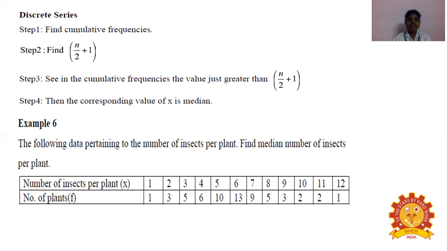Next data is frequency, that is number of plants: 1, 3, 5, 6, 10, 13, 9, 5, 3, 2, 2, 1.